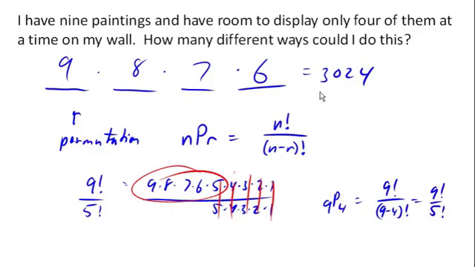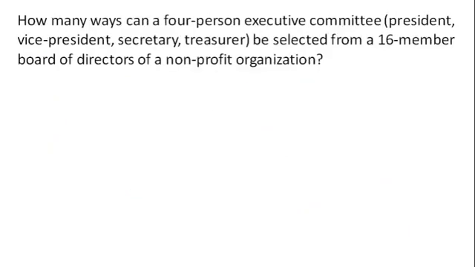How many ways can a 4-person executive committee, president, vice president, secretary, treasurer, be selected from a 16-member board of directors? So in this case, there are 16 choices, 16 members on the board of directors, and from them, we're looking at permutations of size 4. So we're looking at orderings. Again, order matters here because it matters who's chosen as president and vice president versus the other way around.